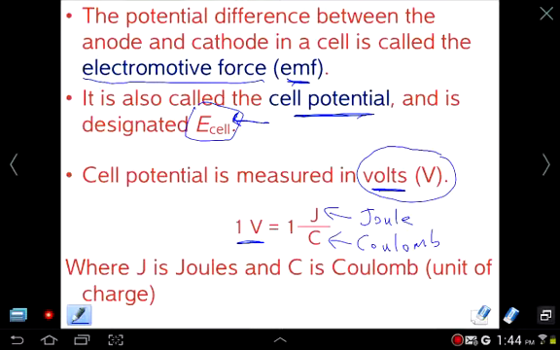So volts represent energy, but an energy per charge. Really what we're talking about here is the potential for the energy being released from the reaction. This is the breakdown, joule per coulomb. We'll talk mostly about volts, but this definition will be important later on.